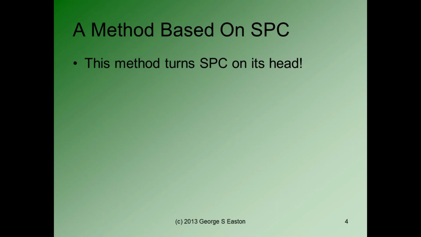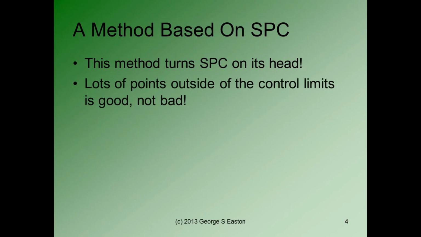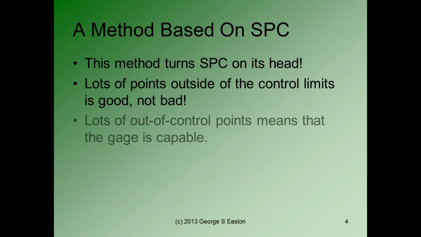Now, the method we're going to look at here is based on statistical process control, and it's really an interesting, almost a funny method because it turns SPC on its head. In particular, in this context, when there are lots of points outside of the control limits, it's a good thing, not a bad thing. In regular SPC, of course, you want your process to be in control, and so you want essentially all of the points to be inside the control limits.